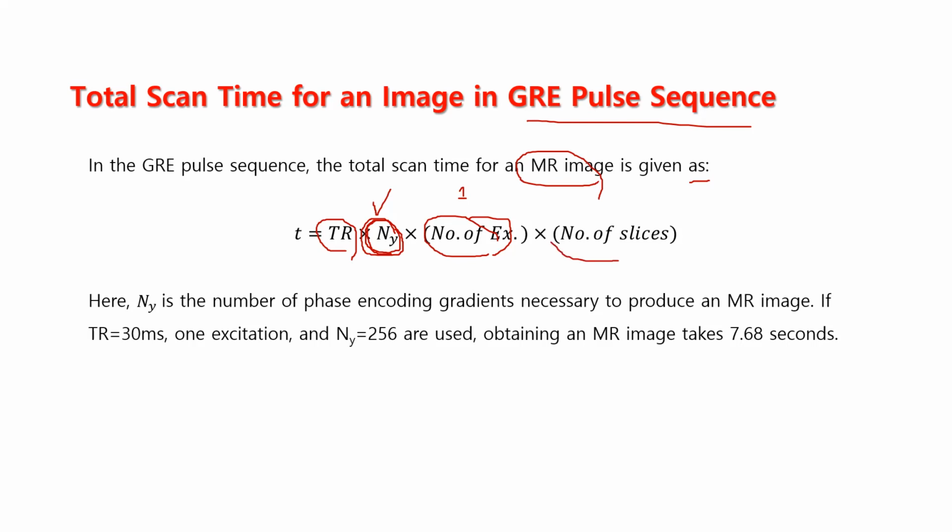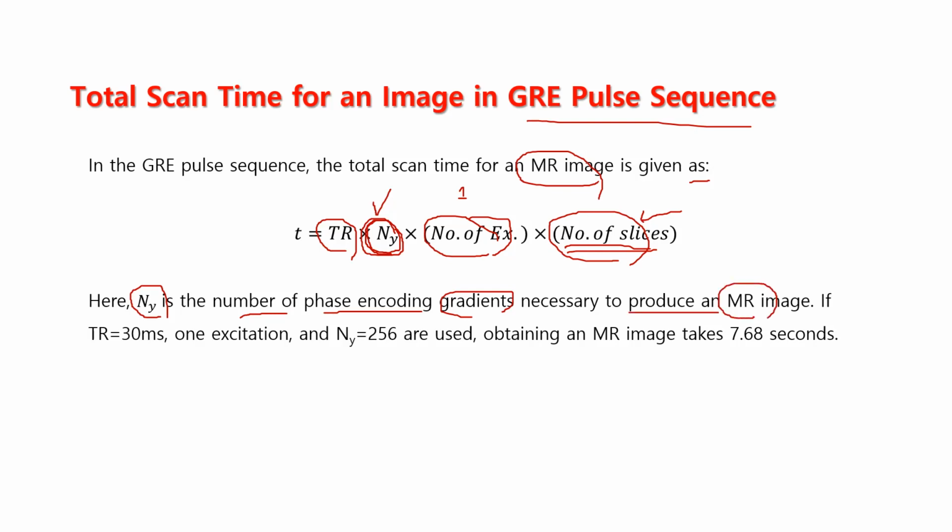Number of slices: for 3D imaging, we can use many slices at a time, so we have to multiply by the number of slices here. And NY is the number of phase encoding steps necessary to produce an MR image.